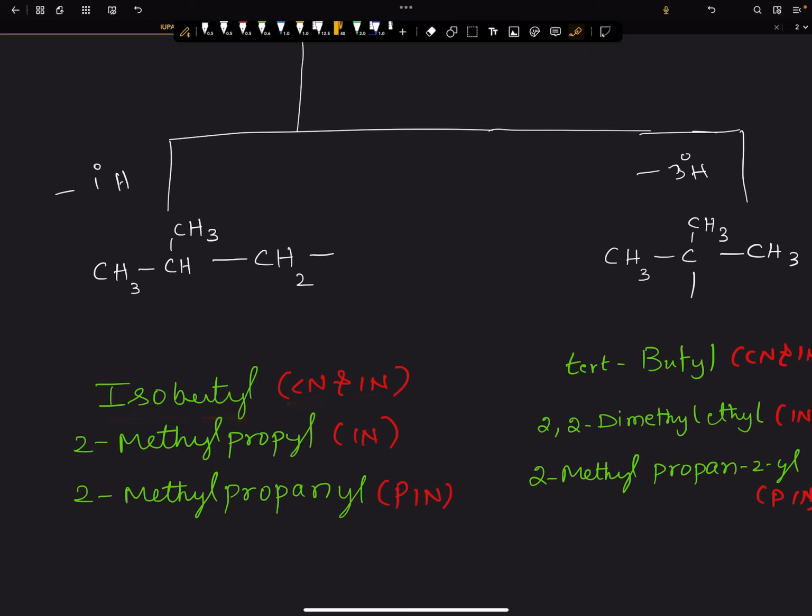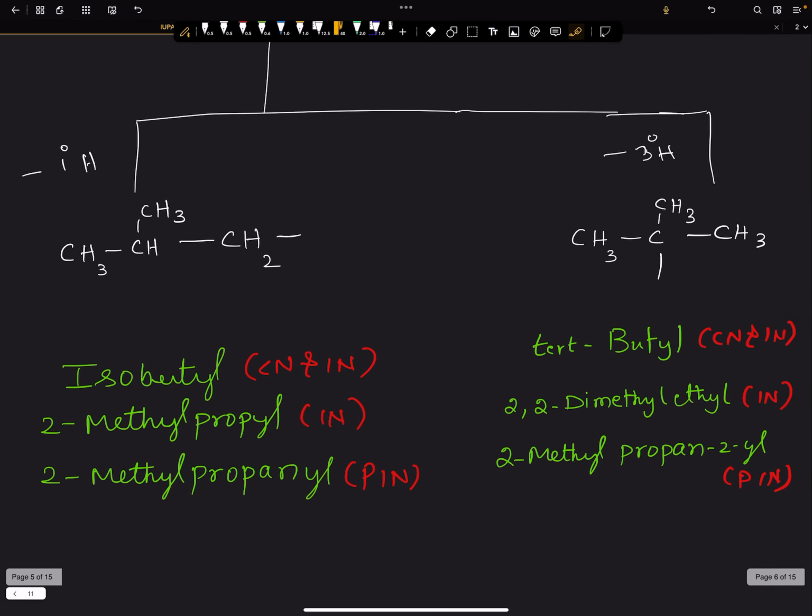Numbering 1, 2, 3, this is also called 2-methylpropyl, which is IUPAC name. This is also called 2-methylpropanyl, the preferred IUPAC name. Here again we are not writing 1-yl. If 1 is there, it is not required.